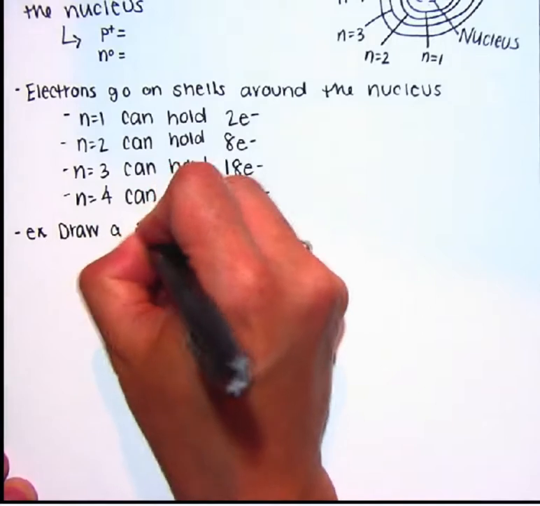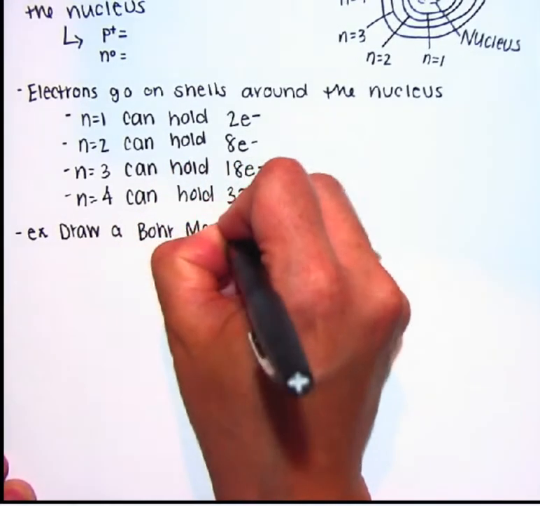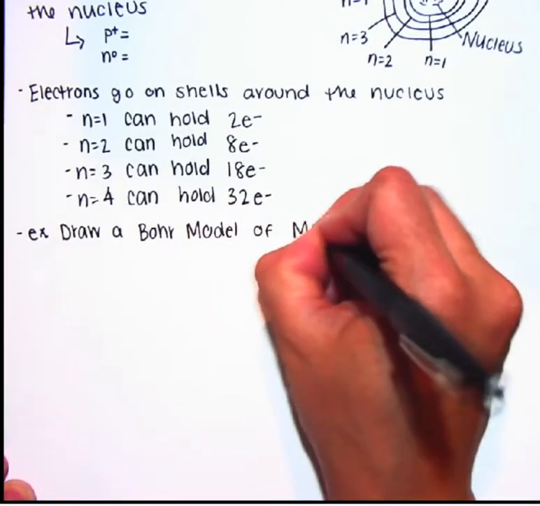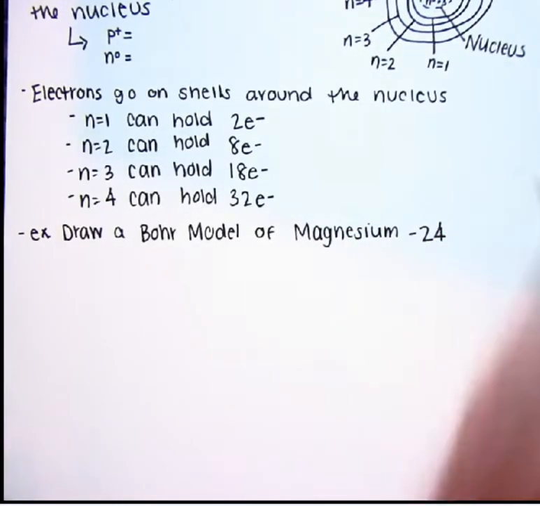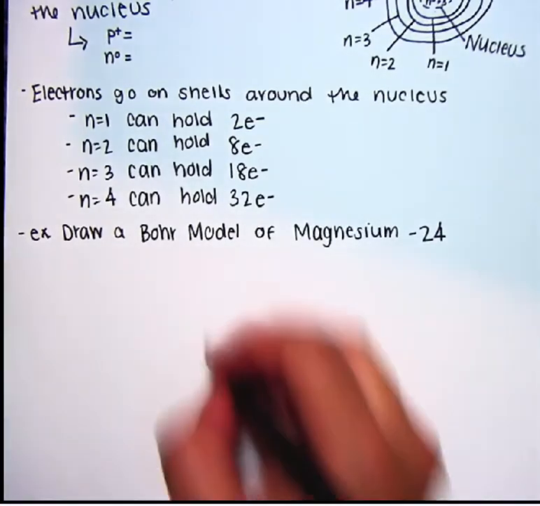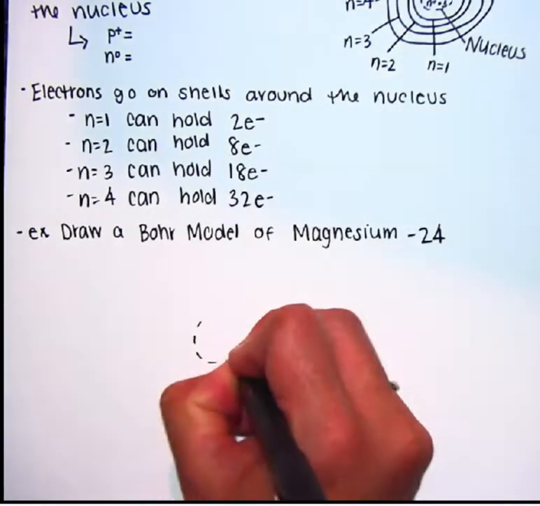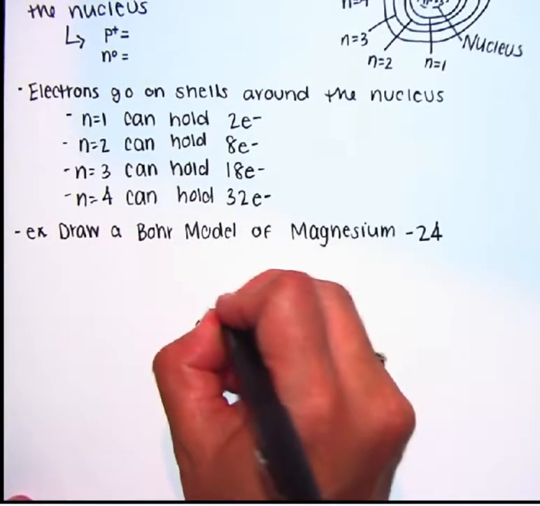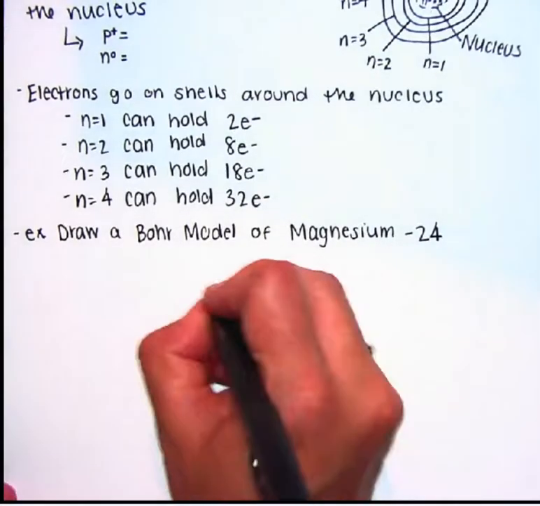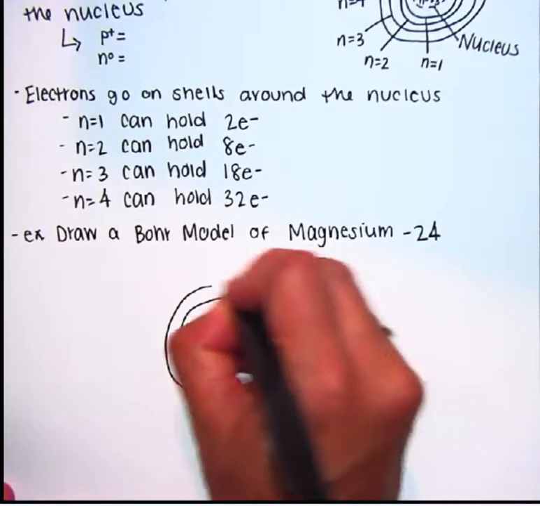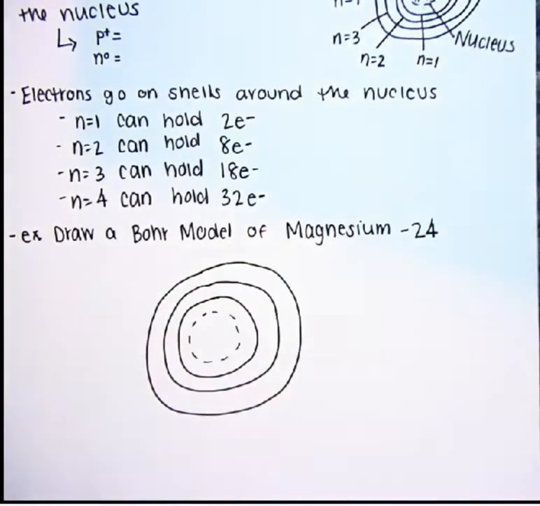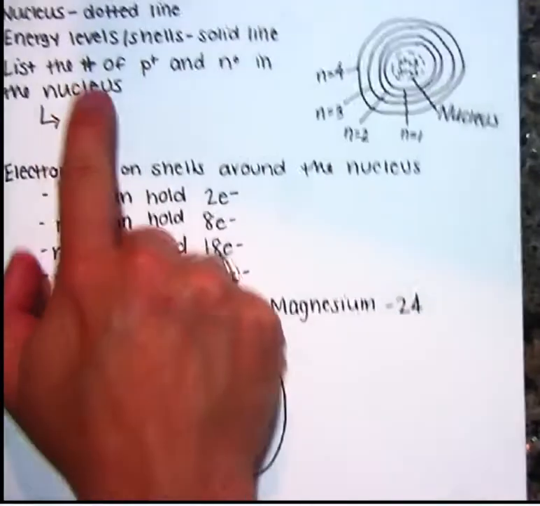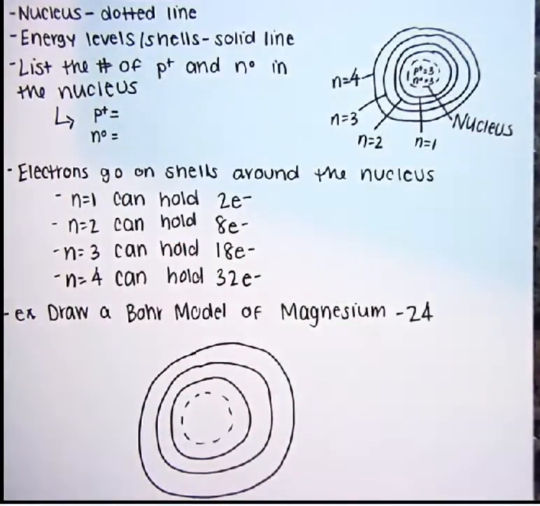Draw a Bohr model of magnesium 24. So the first thing that we need to do is list the number of protons and neutrons in the nucleus.